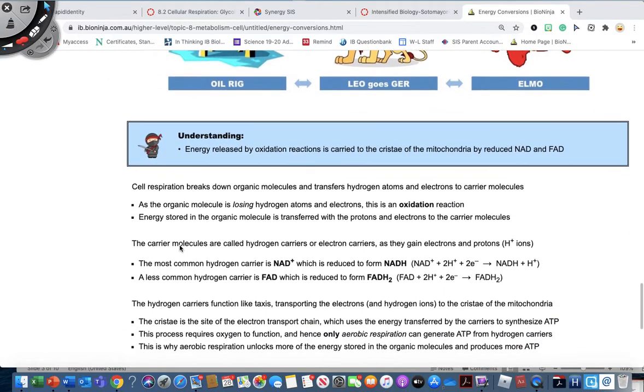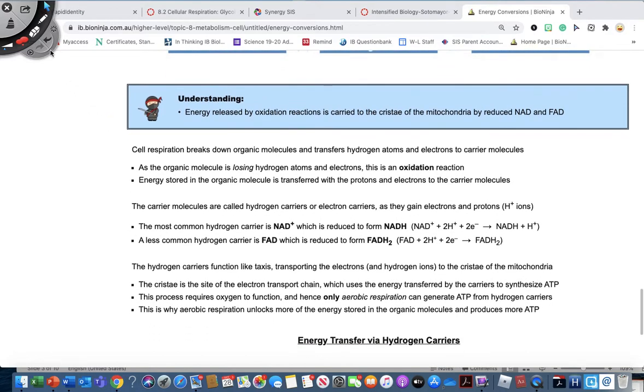All right, so let's look at the next essential understanding. And this says that energy released by oxidation reactions is carried. So now we know how energy can be released, right? It can be released through a series of steps through the cellular respiration process.